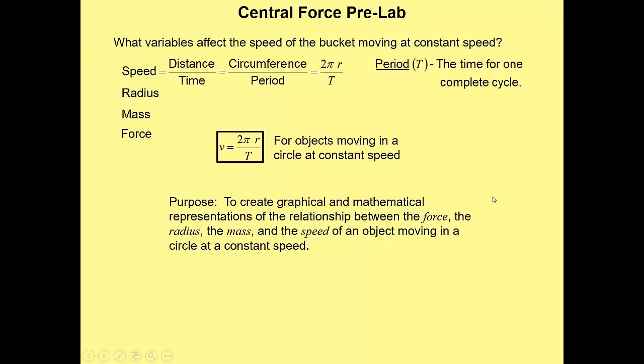This is a very common little equation to use in this unit of objects moving in circles at constant speeds because it allows us to kind of convert from things that are easier to measure, the radius of the circle and the time it takes to go around once, to the actual speed. We can't just throw a motion detector on it, or we don't have a special cart that we can use to measure these things. So got to be a little more crafty in how we do this. And in fact, this is what's happening behind the scenes of the simulation.